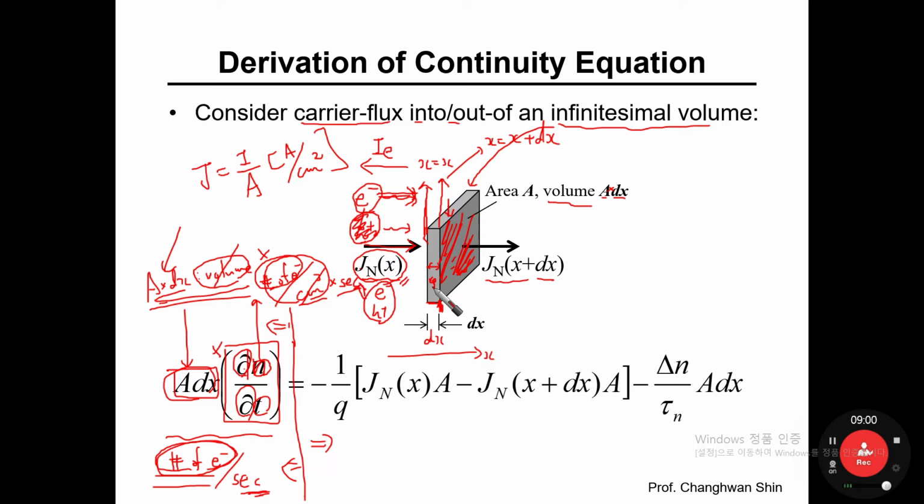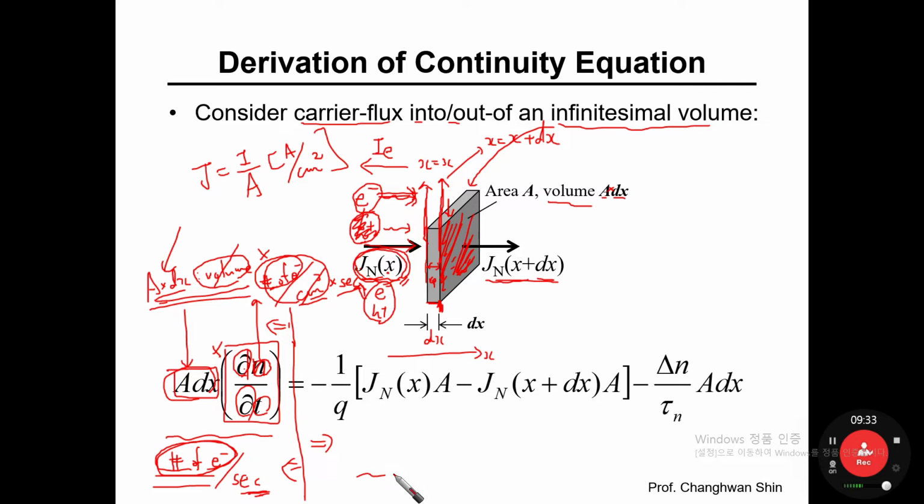We have no idea what kind of events would happen within this small volume, but we have measured the current density at x and at x plus dx. The current density at x is Jn of x, and the current density at x plus dx is Jn of x plus dx.